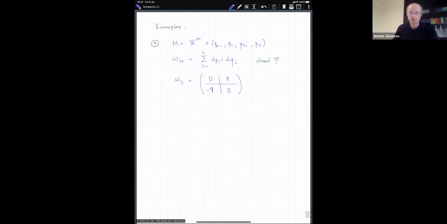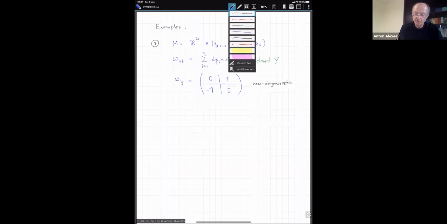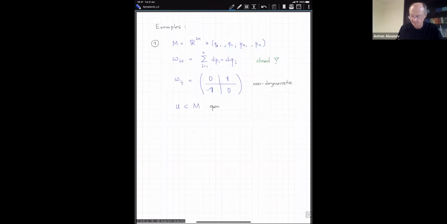So it is also obviously non-degenerate. It doesn't have a kernel, just by inspection. Now, note that if you take any open subset, this will also be a symplectic manifold, right? Just because closedness of the form is local, and non-degeneracy is even point by point.